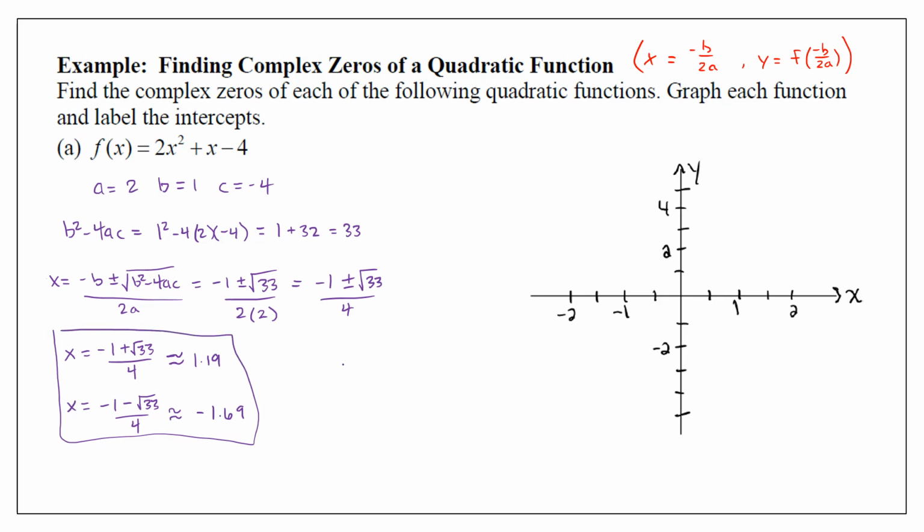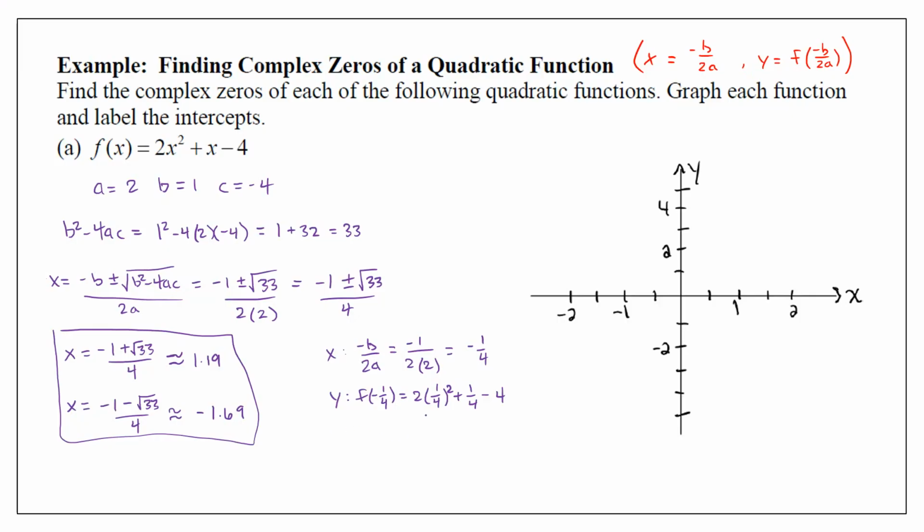Okay. So then x, the x coordinate of our vertex, is going to be negative b over 2a, which equals negative 1 over 2 times 2, which equals negative 1/4. So then the y coordinate would be f of negative 1/4, which would be 2 times 1/4 squared plus 1/4 minus 4.